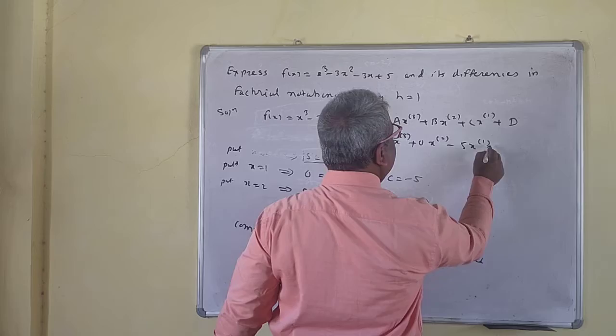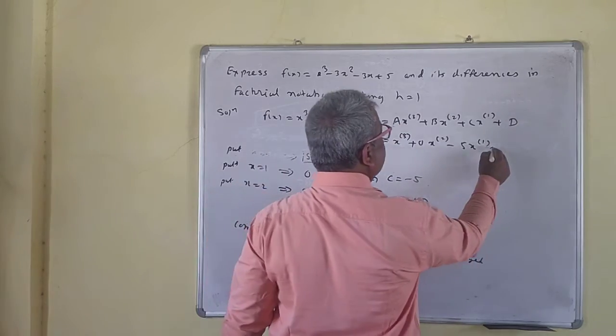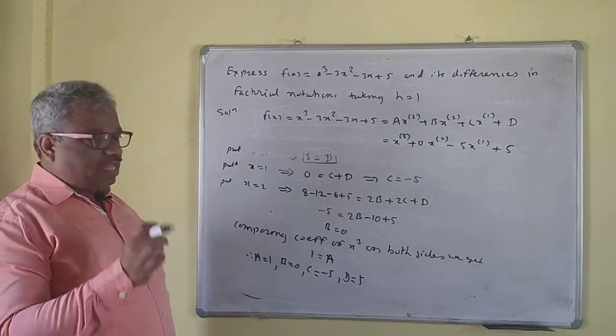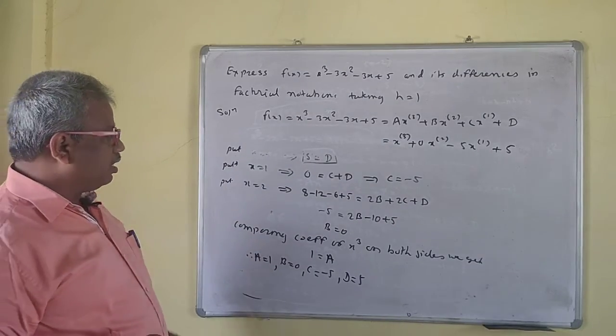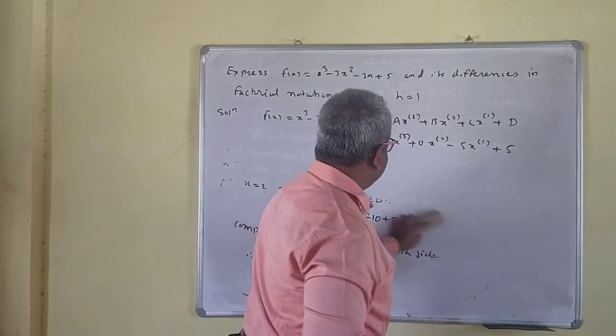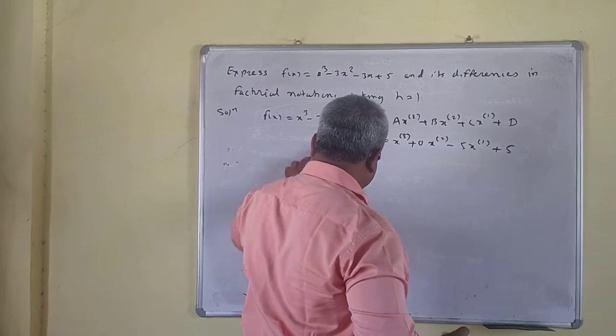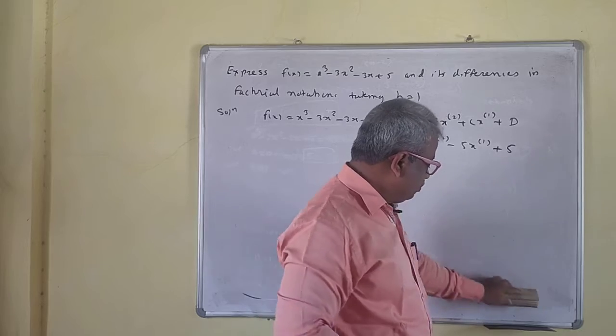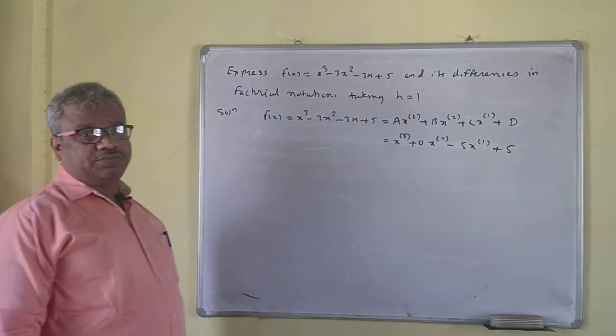And d is positive. Don't write the sign now, just confirm the sign of a, b, c, d and then write it. Now this polynomial is expressed in the factorial notation.